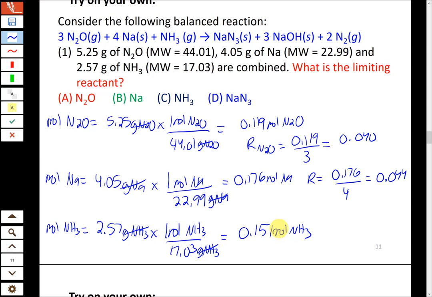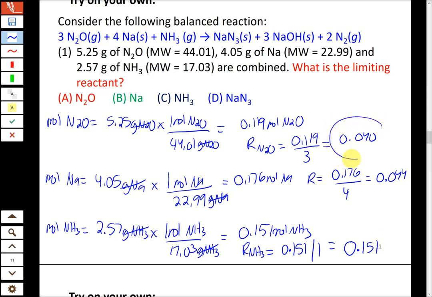That's how many moles of NH3 we have, and the stoichiometric ratio for NH3 is that number divided by the coefficient. The coefficient for NH3 is not shown, it's just 1, so the stoichiometric ratio is that same number, 0.151. The smallest of these 3 numbers is our limiting reactant.